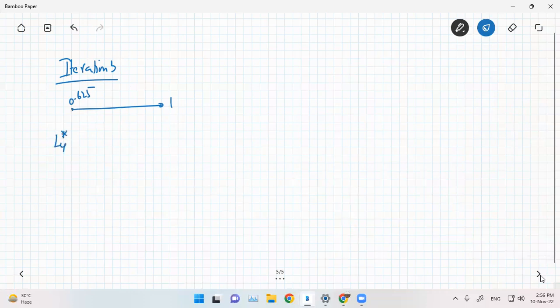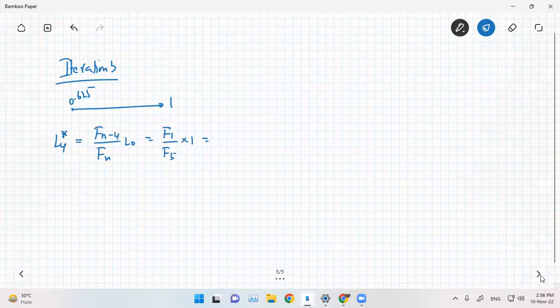L4 star will be f(n-4) by f(n) into L0, so f1 by f5 into 1.